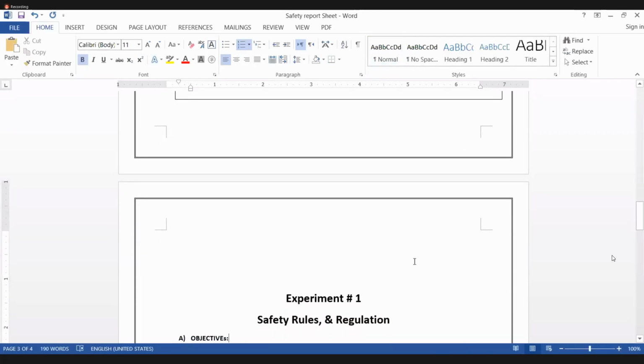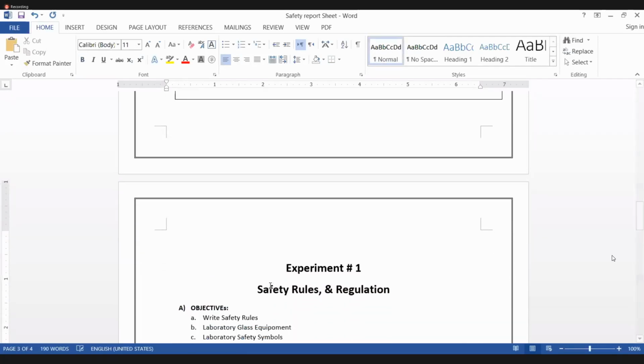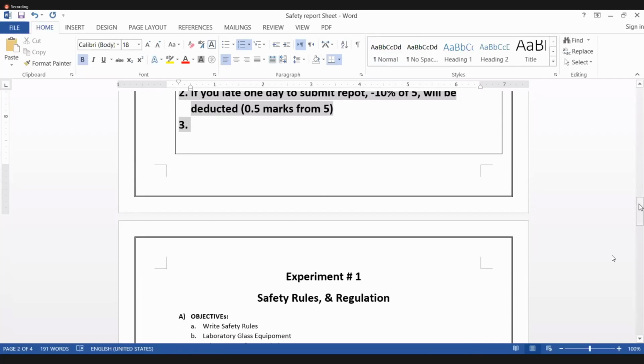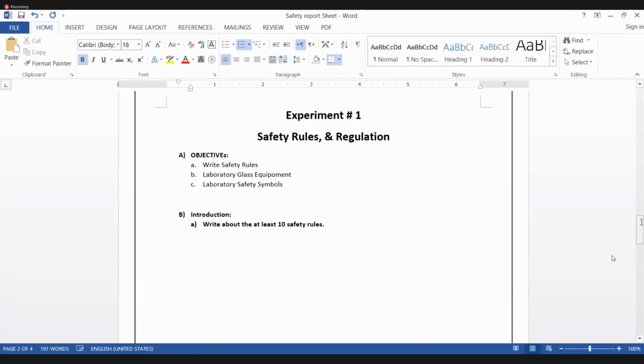Now, this is how to write the report for the first experiment. The objectives we already wrote here. You have to write an introduction about the first objective. So for the first objective, write at least 10 safety rules.